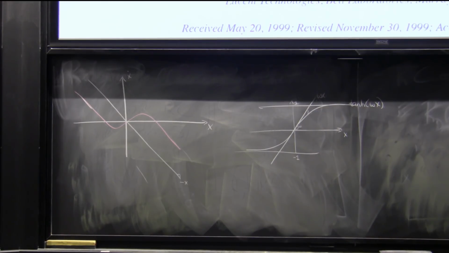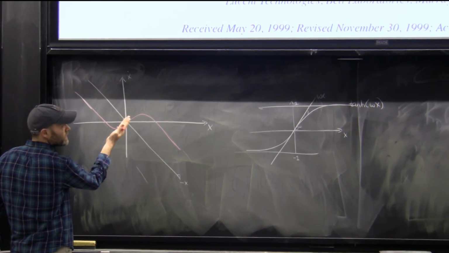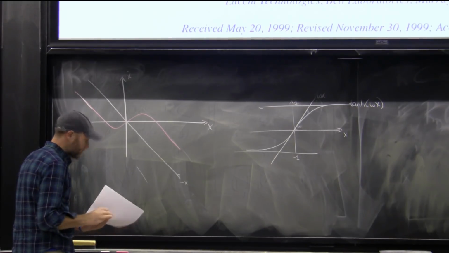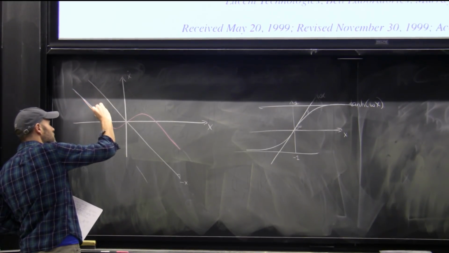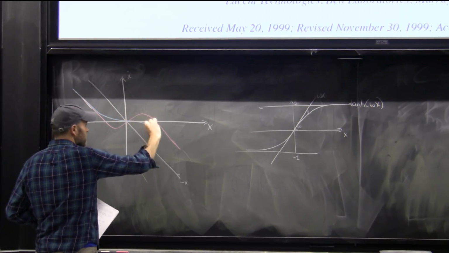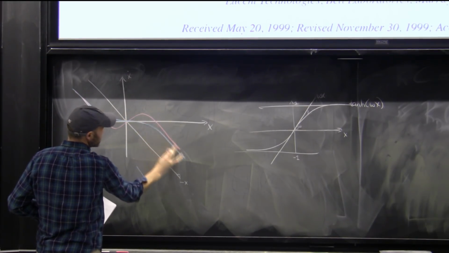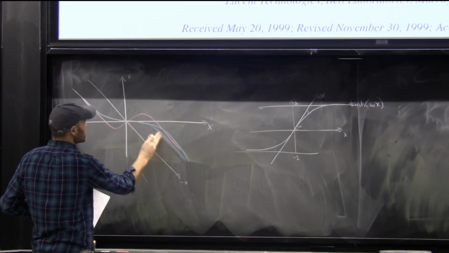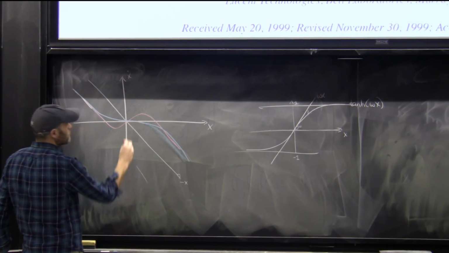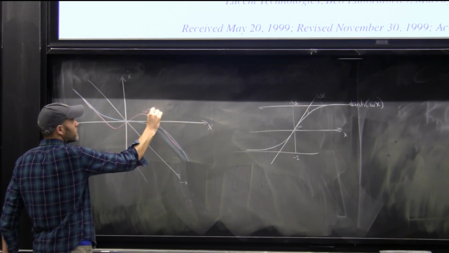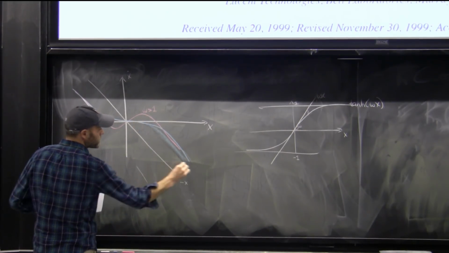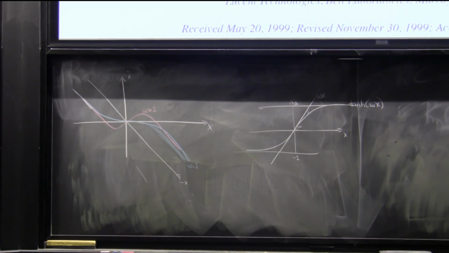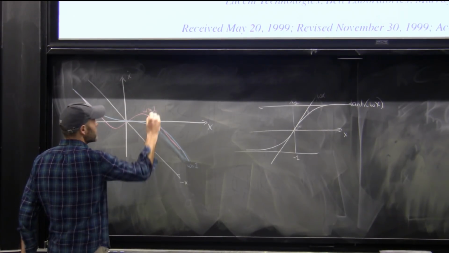Now, if w was exactly equal to 1, it would look a little different. It would come in and just kiss this and then go down. But if w is greater than 1, then I get this, despite my artistic limitations. So this is the w greater than 1 case. This is the w equals 1 case. All right, so let's look at the w greater than 1 case.